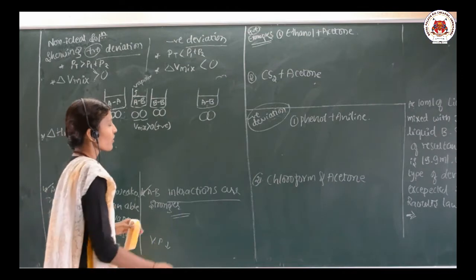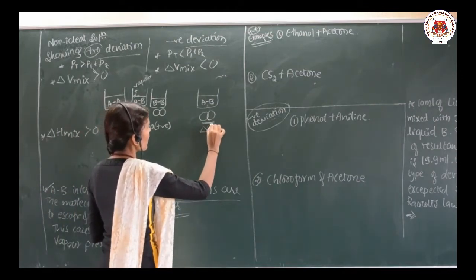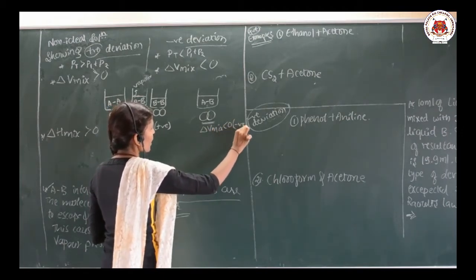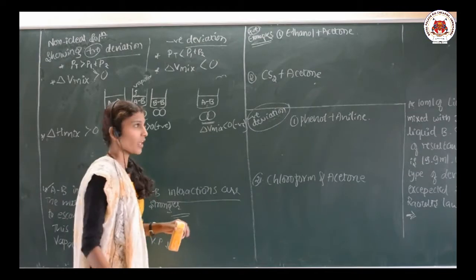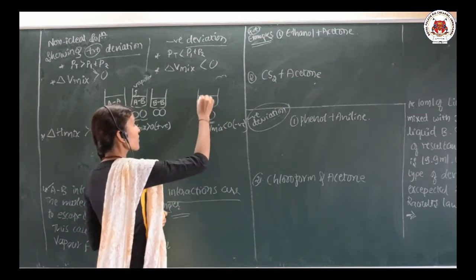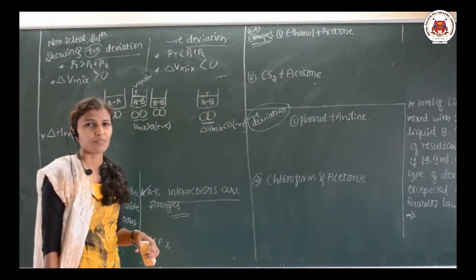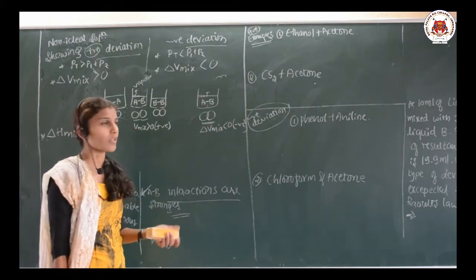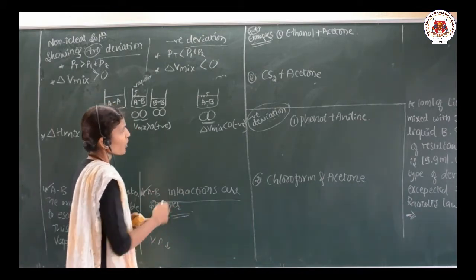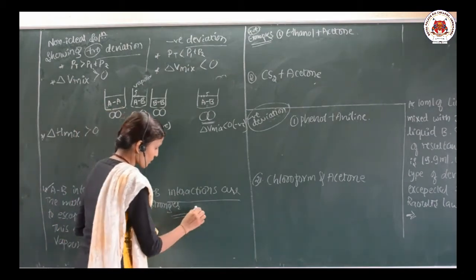So what happens here, when the interactions are very strong, delta V mixing will be lesser than 0 in case of negative deviation. Okay. And as these interactions are very strong, the molecules cannot escape very easily, so few vapors are going to form and the vapor pressure here decreases.